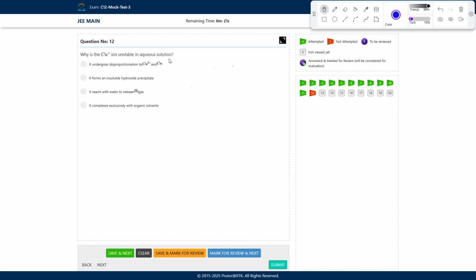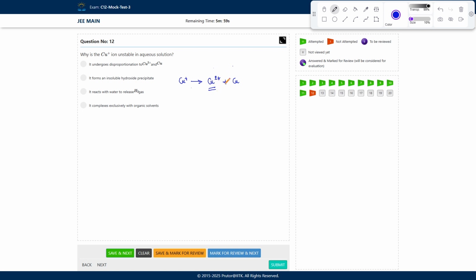So basically, copper positive undergoes the disproportionation reaction and becomes copper 2 positive and copper. Here copper 2 positive has higher stability in aqueous solution.